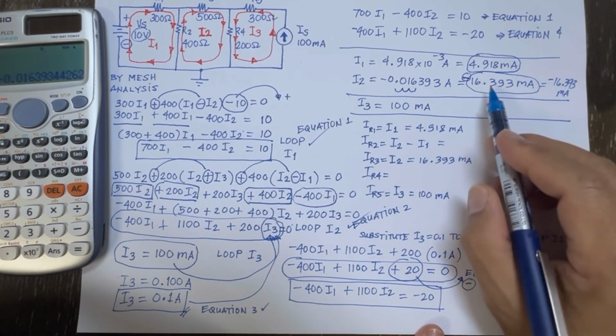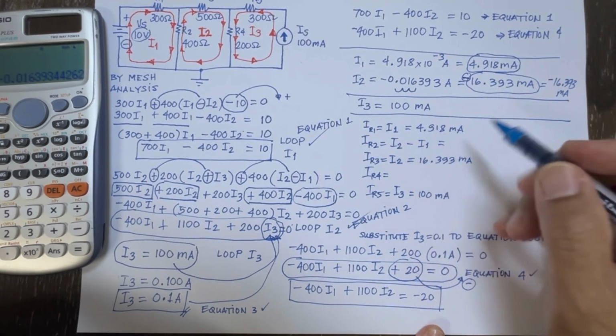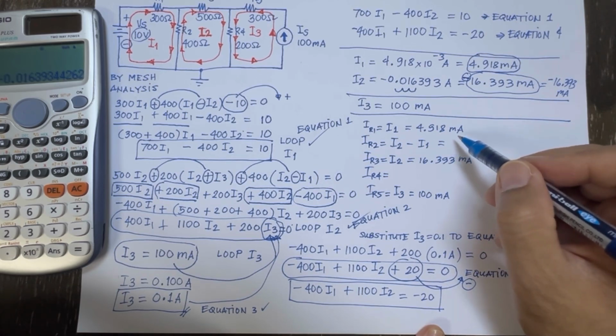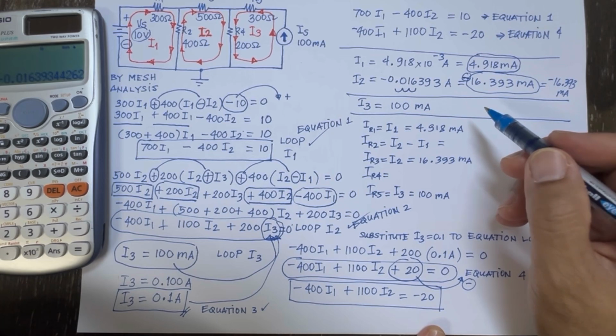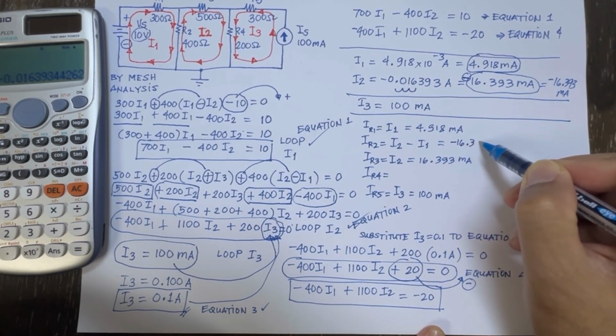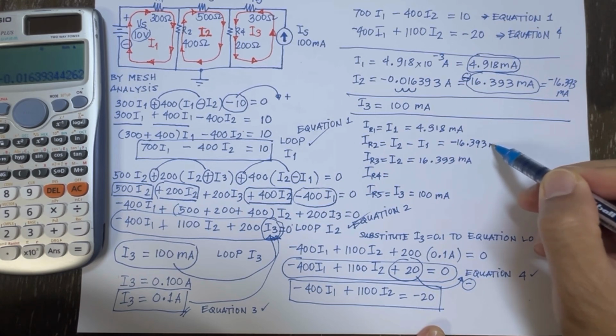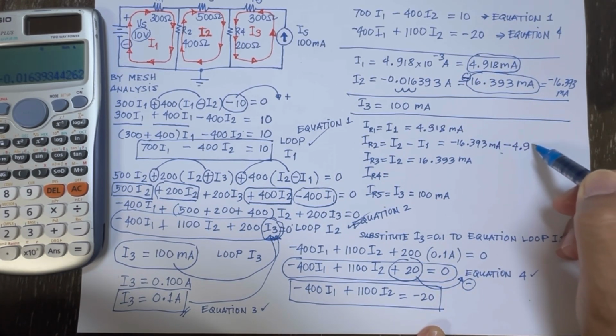Let's see the answer. Let's write it first. I2 is equal to negative 16.393 milliamperes minus I1, which is 4.918 milliamperes. Let me write it down here.